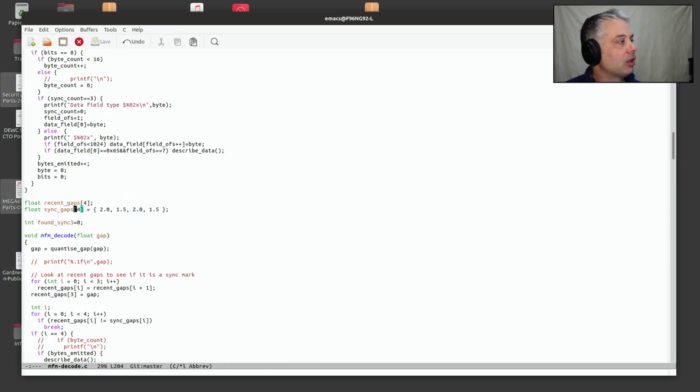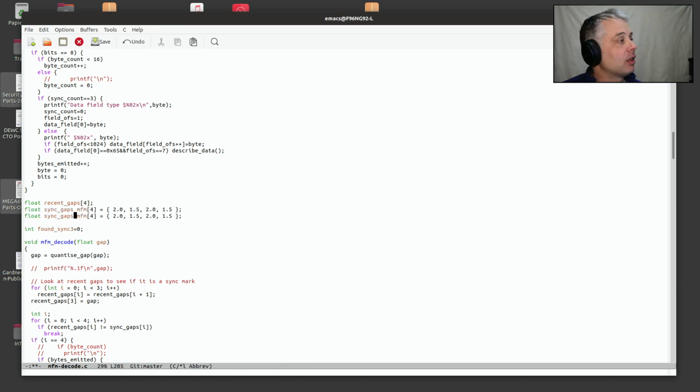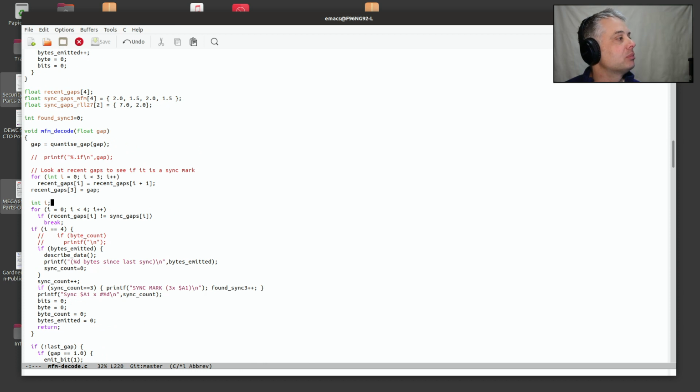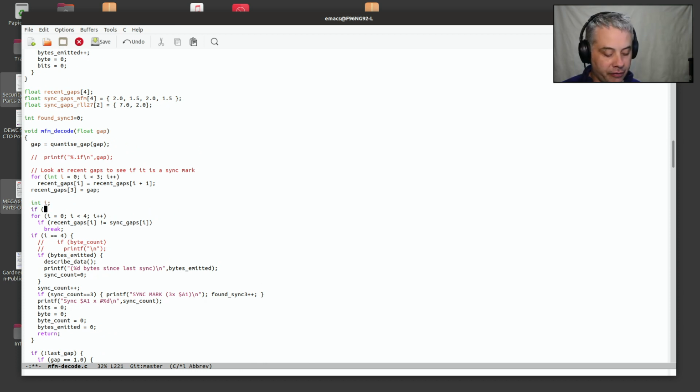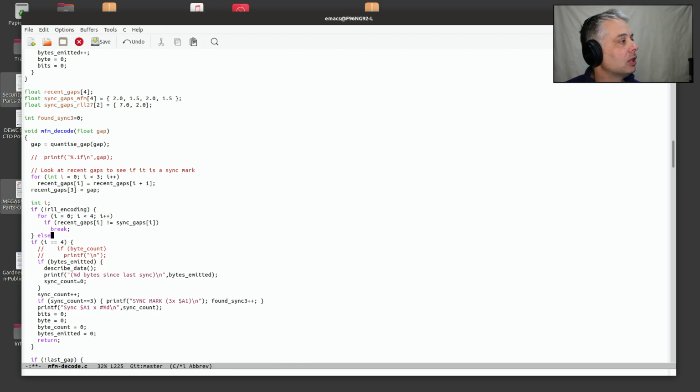So this is sync gaps MFM, sync gaps RLL 2.7. Sync gaps. Okay. If not RLL encoding, else.